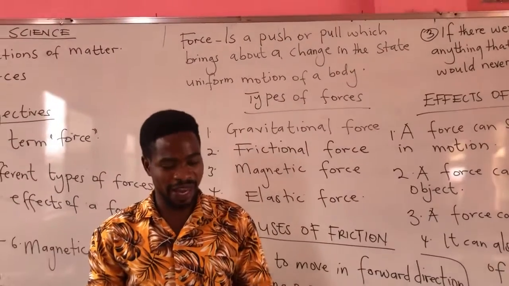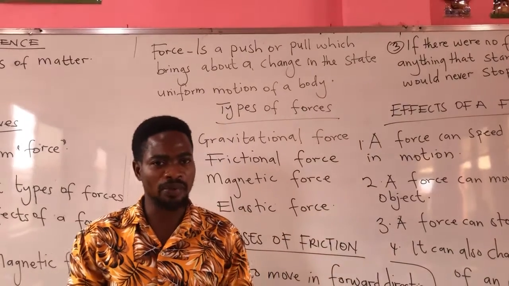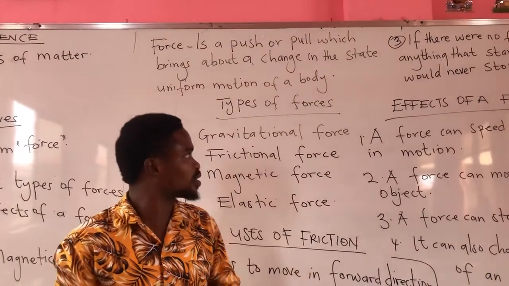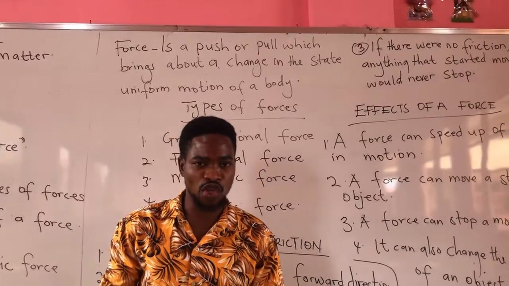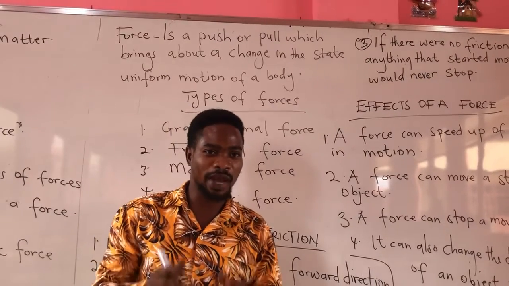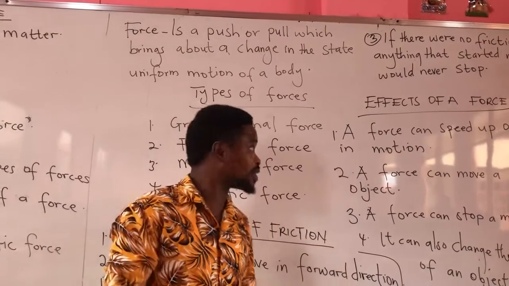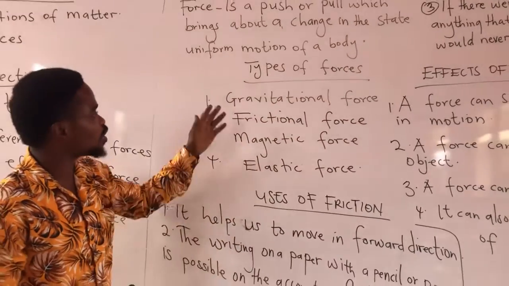What changes is the location or the direction of that particular object. That is what we are talking about with the word uniform. The thing remains the same, but it changes the location or the direction of that particular body or object.